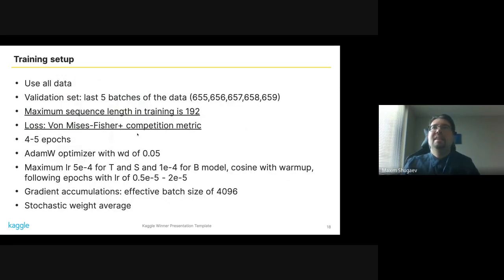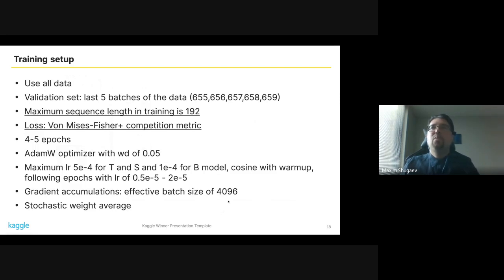The training setup is rather standard for transformer models: we used the AdamW optimizer and trained for 4 to 5 epochs. We used all data, and the last 5 data batches were reserved for validation. The maximum sequence length in training is 192, and validation is performed at sequence length 512.